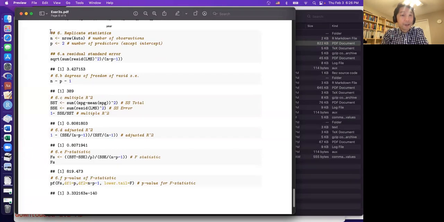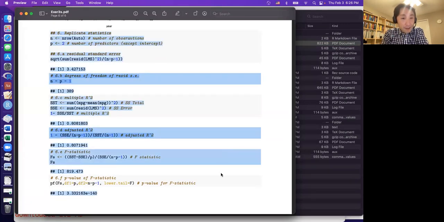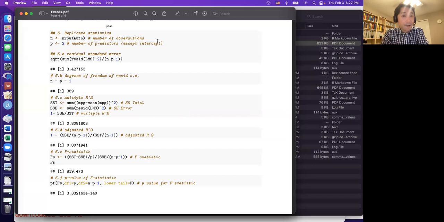Also, in the last part of this exercise, I calculate everything from scratch, such as degrees of freedom, residual standard error, or multiple R squared. Students in my class did excellent at calculating everything from scratch.